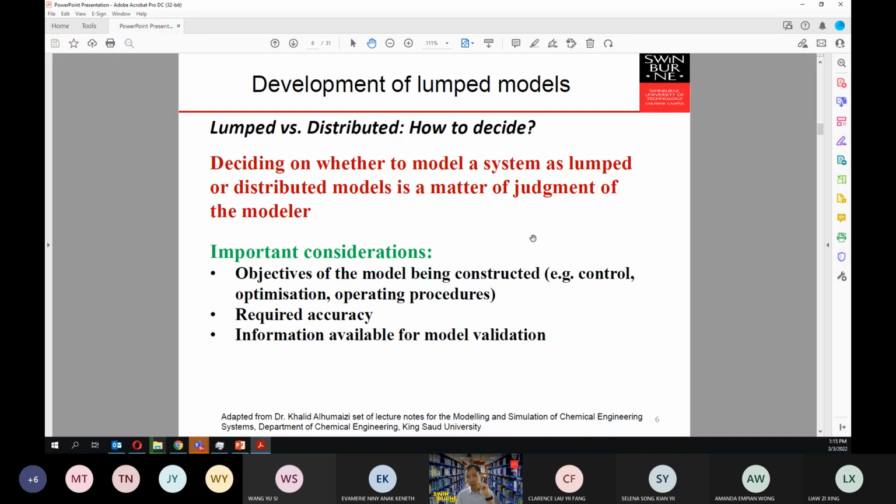In my first week of transport phenomena, I talk about the level 1 model, level 2 model, level 3 model, and level 4 model. Level 1 will be the easiest one. Level 2 will be a bit more difficult. Level 3 is more difficult, and level 4 is the most difficult one. Probably next semester, if you take transport phenomena, I'll talk about these things in more detail.